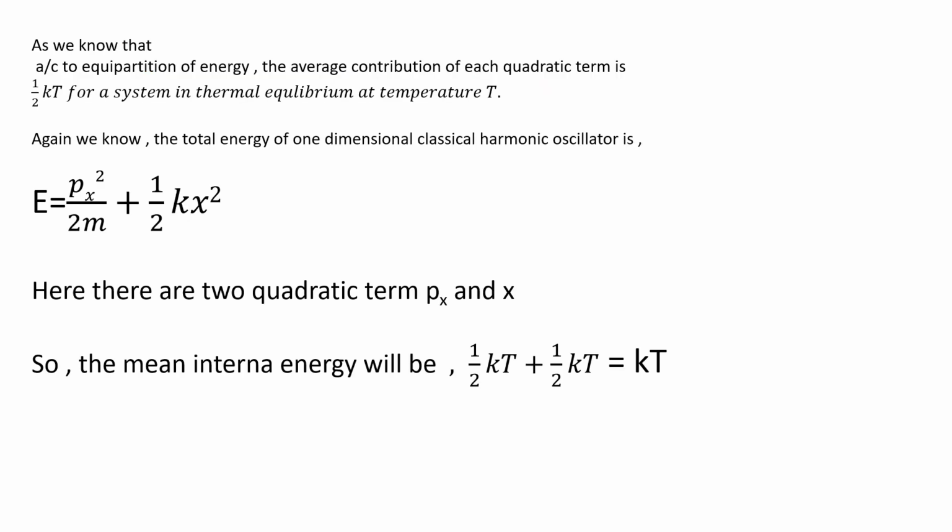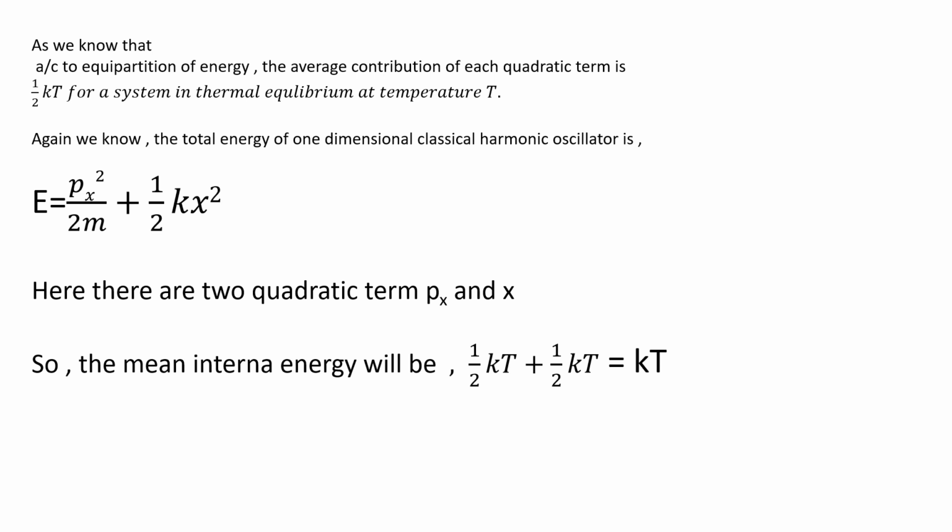As we know, according to equipartition of energy, the average contribution of each quadratic term is half kBT for a system in thermal equilibrium at temperature T. Again, we know that the total energy of a one-dimensional classical harmonic oscillator is E equal to px square by 2m plus half kx square.